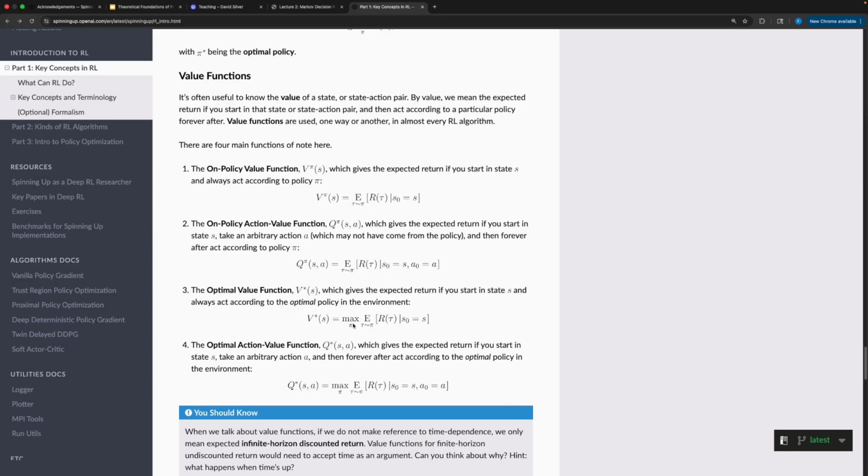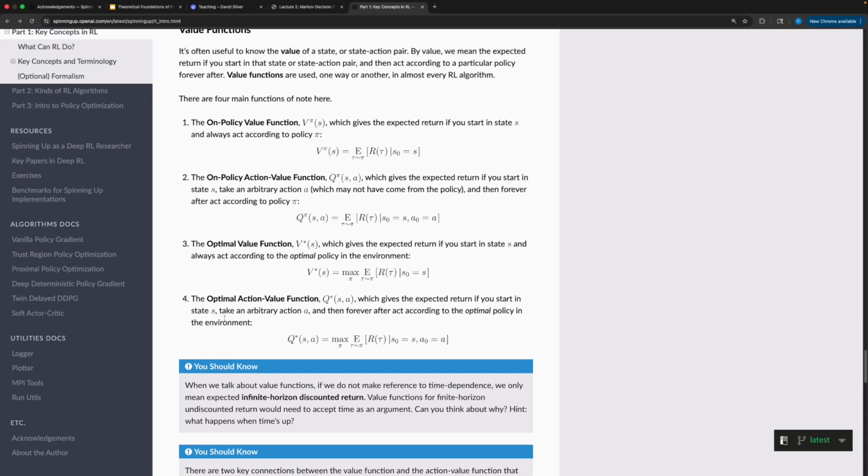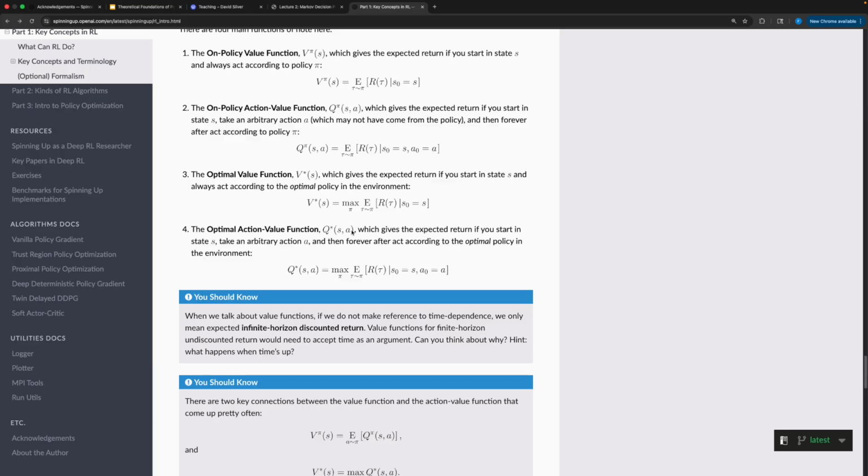So the optimal policy is better than any other policy at every state. The final function is q star of s, a. If you take the max of q pi of s, a among all policies, that's your q star of s, a, and it is nothing but the action value function of your optimal policy.